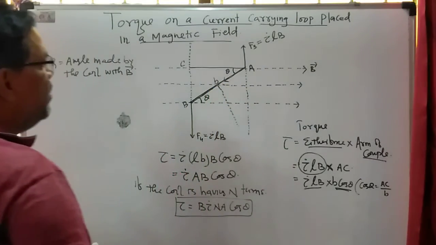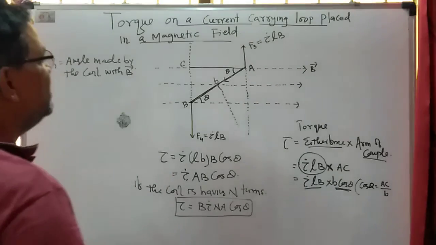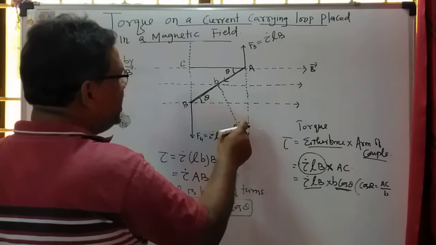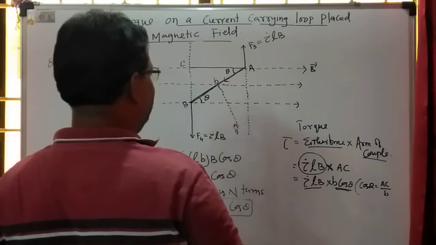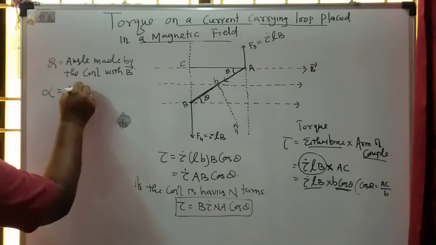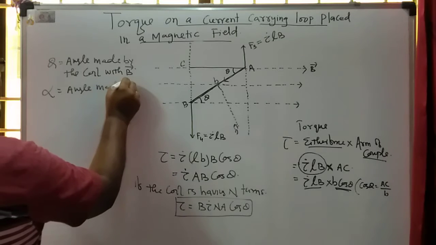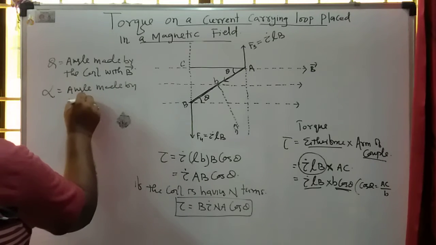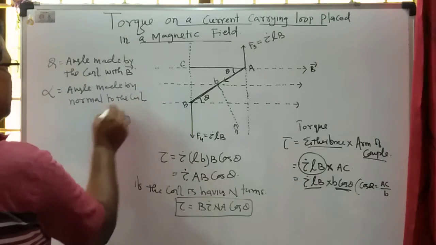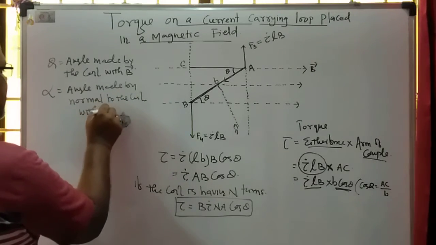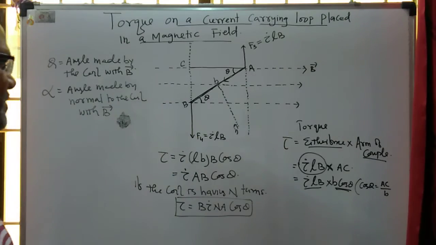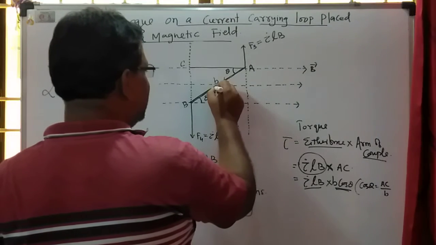This is the normal, the n cap, the normal to the coil, making an angle alpha. Alpha is the angle made by the normal to the coil with the B vector. This is the 90 degree.